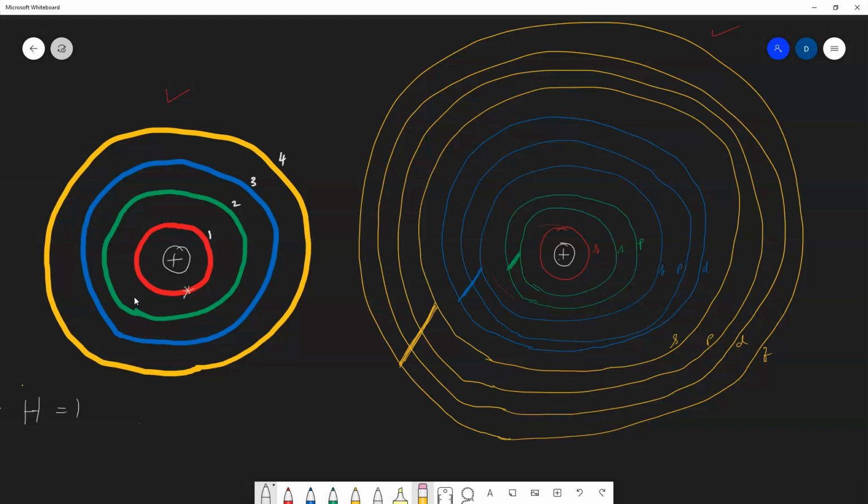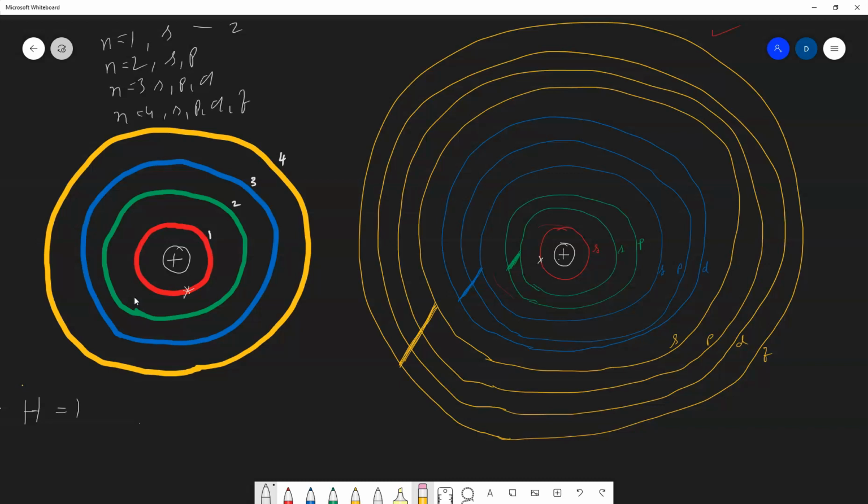Whereas here, for the same 1 electron, you have to say that it is in the s orbital of the first shell. Now keep in mind the knowledge you have so far: in shell 1 you have the s orbital, in shell 2 you have s and p, in shell number 3 you have s, p and d, and in shell number 4 you have s, p, d and f.